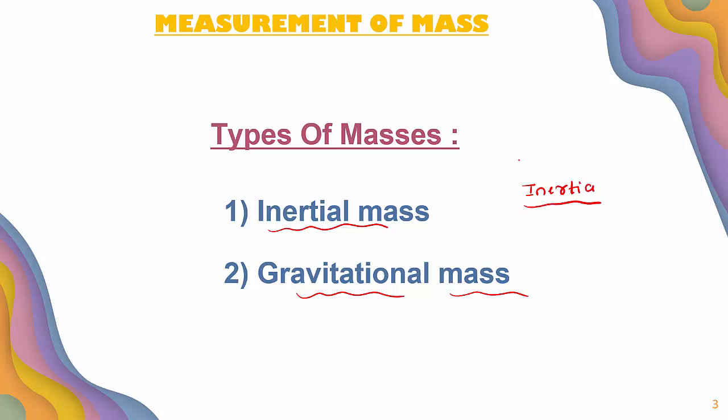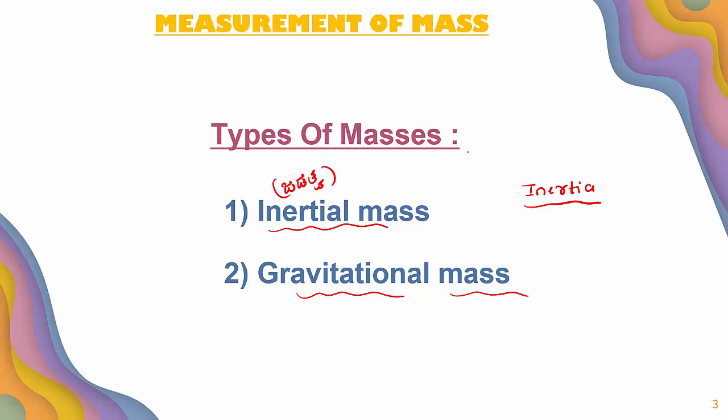You studied about inertia in 8th standard. You can remember Newton's laws of motion. There, Newton's first law of motion is also called the law of inertia. Inertia, in Kannada we can call it Jadatva. You can remember this word?